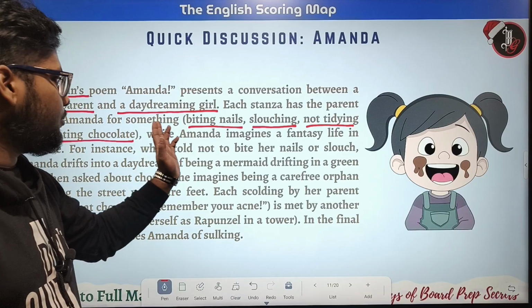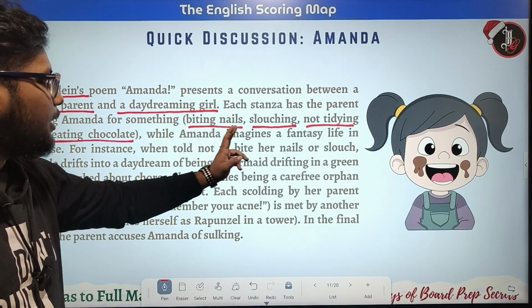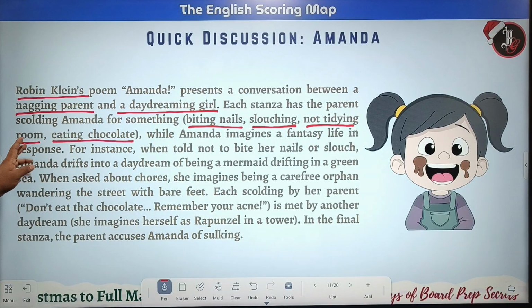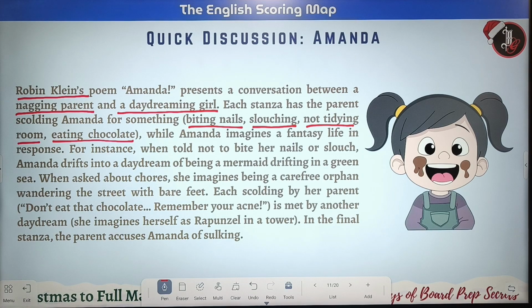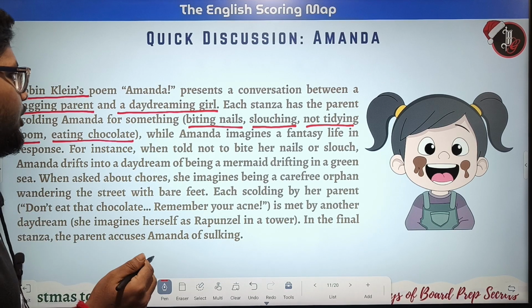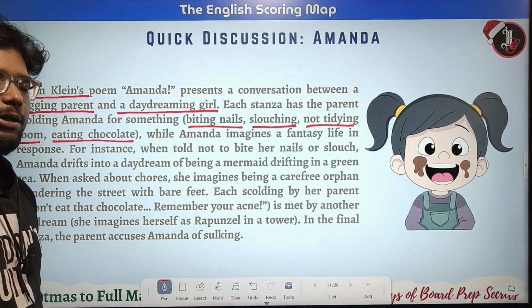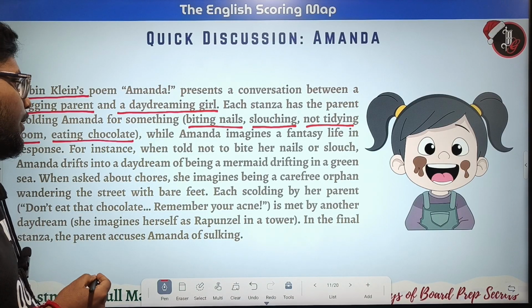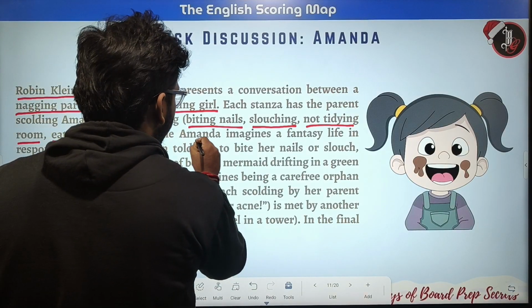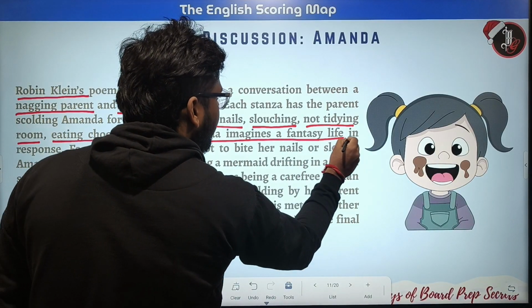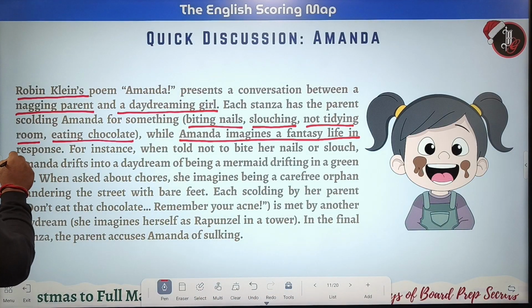We have to memorize all these things: biting nails, slouching, not tidying room, eating chocolate. Now, Amanda imagines a fantasy life in response. As we have said earlier, she was a daydreaming girl. She used to dream in the day, while awake.